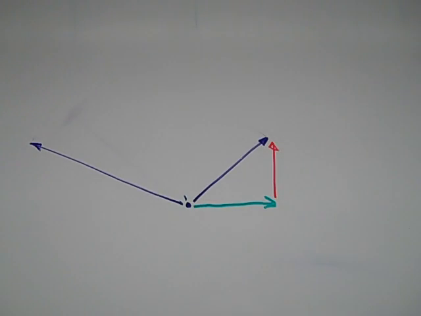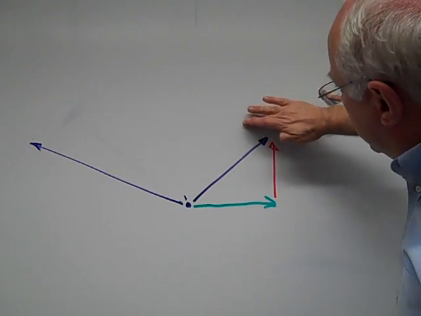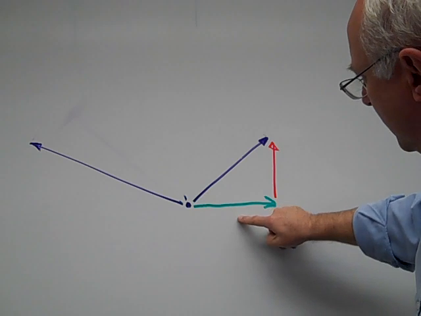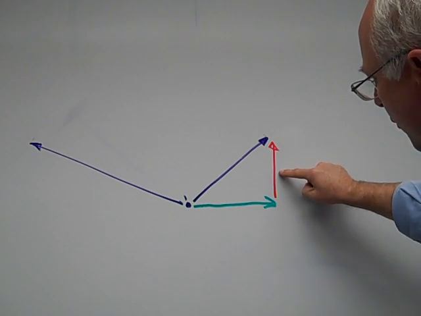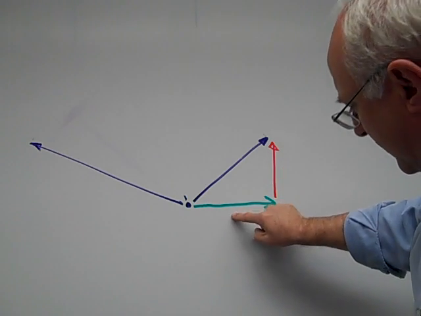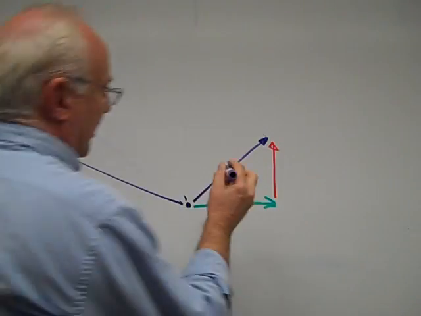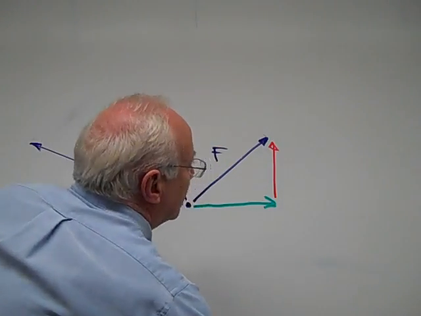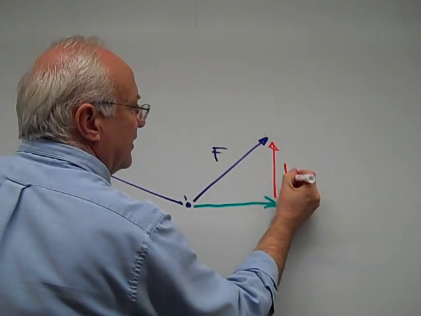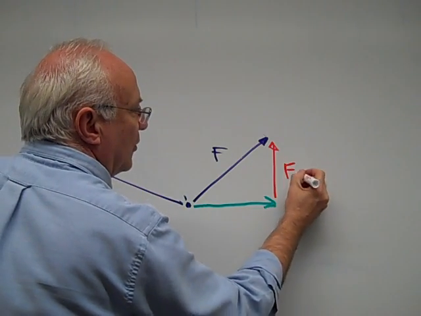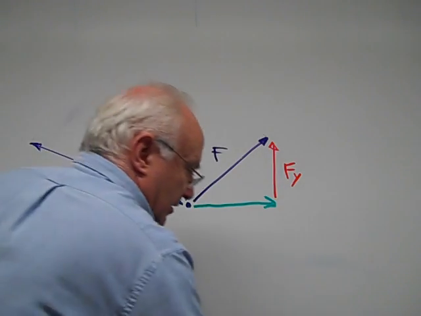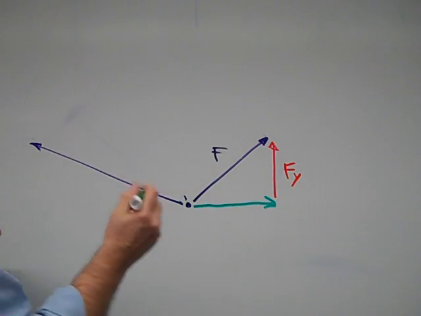So, the easiest way, I believe, to find the red and the green, or the vertical force component and the horizontal force component of this force F, we can call the red Fy, because y is the vertical axis.